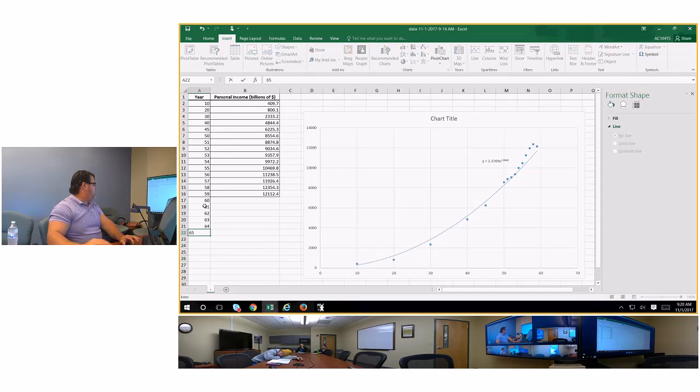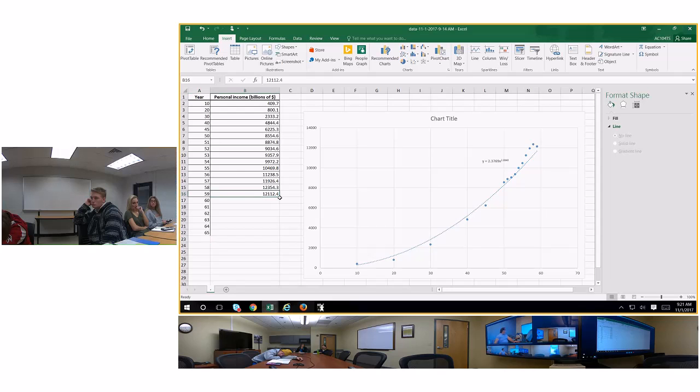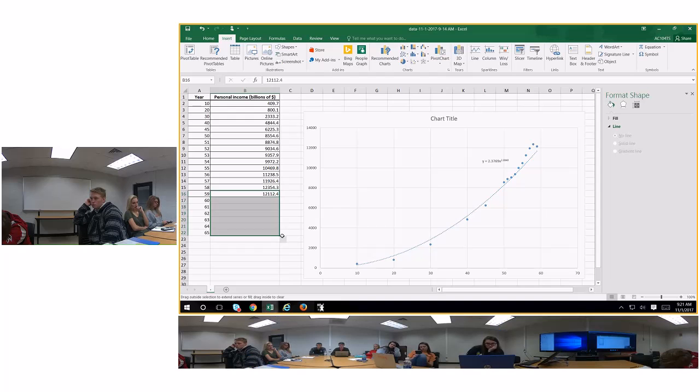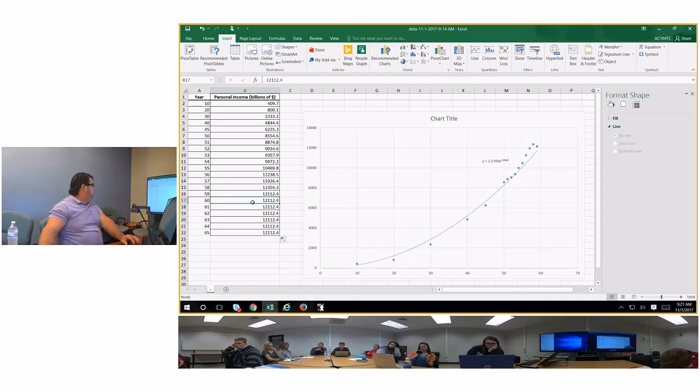So what would 65 be? Next one. Well, you need to plug in 65 into this equation right here. I thought the spreadsheet would do it, but it wouldn't. So you have to do that in your calculator.